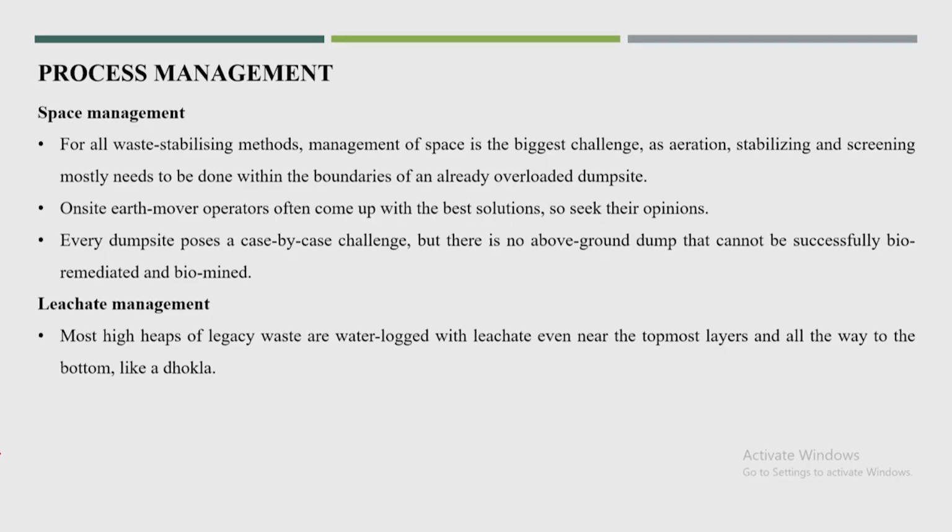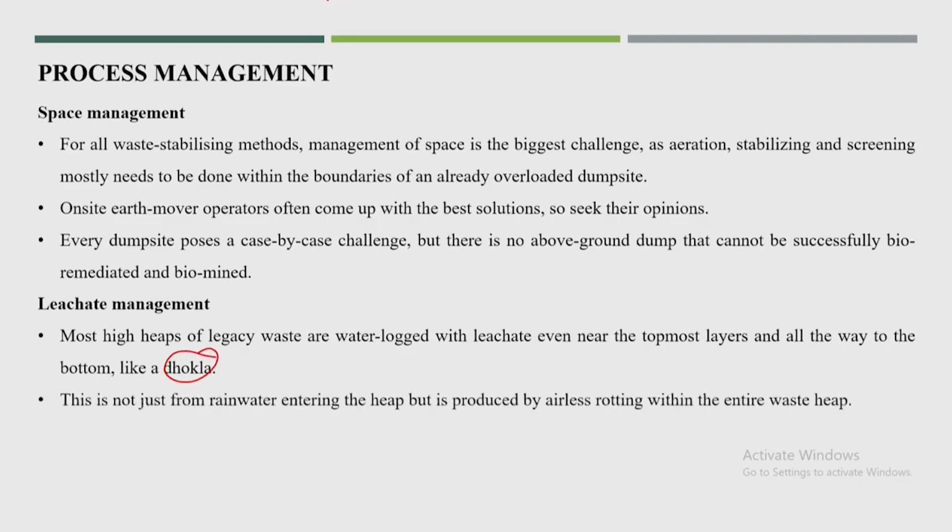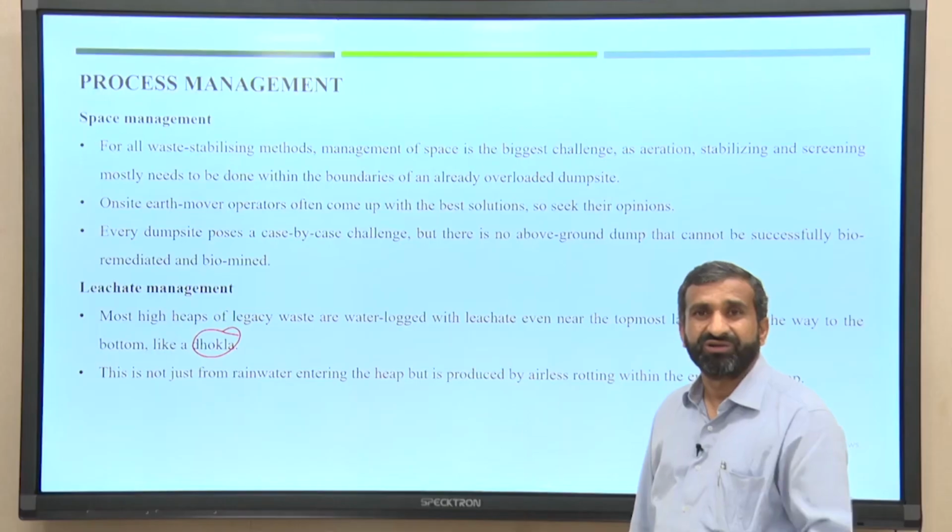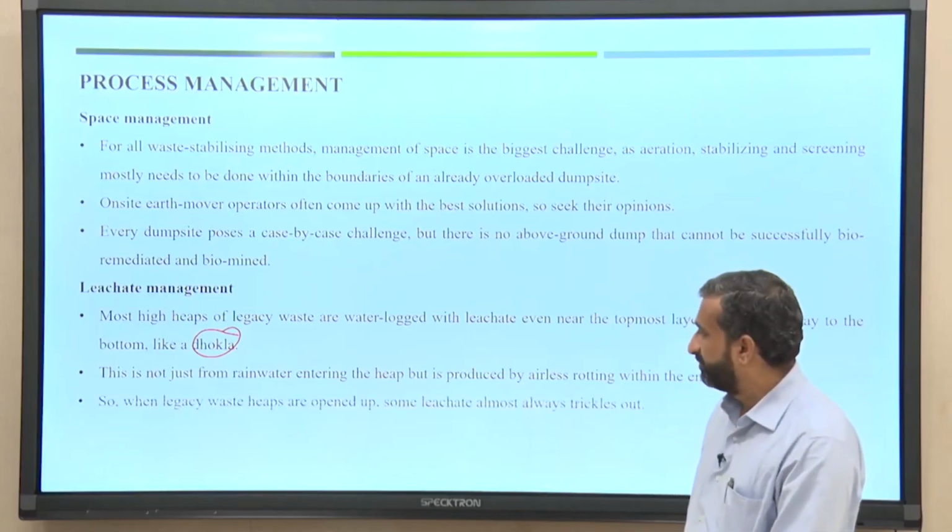I put it like a dhokla, a simple way to picture it, waterlogged from top to bottom. This is not just from rainwater entering the heap, but is produced by airless rotting within the entire waste heap, because the degradation will always be there. So because of that, water is also produced.